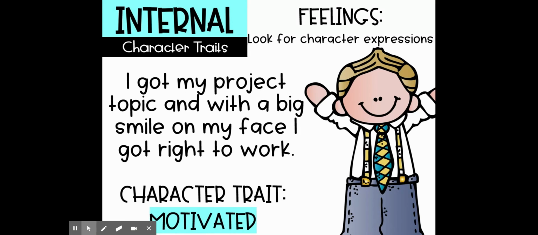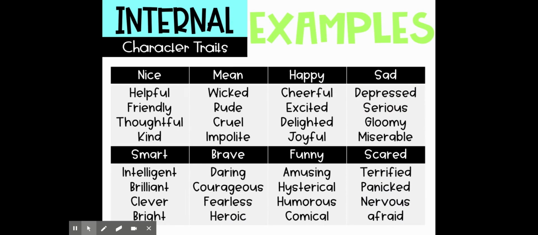Speaking of different types of characters, here are some examples. You'll see that in the black, there's nice, mean, happy, sad, smart, brave, funny, and scared. Underneath are words that are synonyms. Synonyms are words that mean the same thing as a word that we just read aloud in the black.